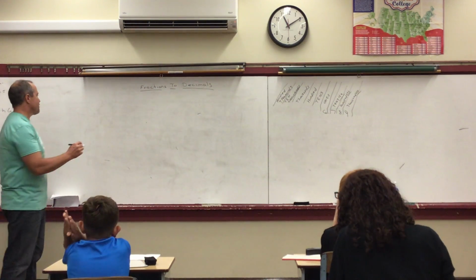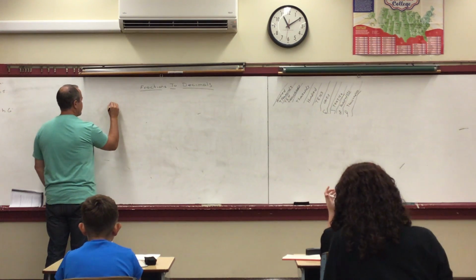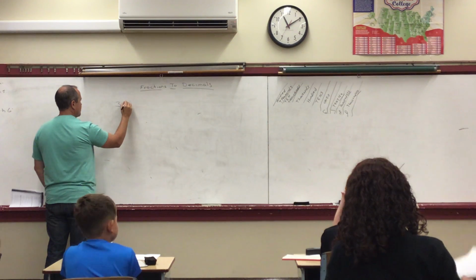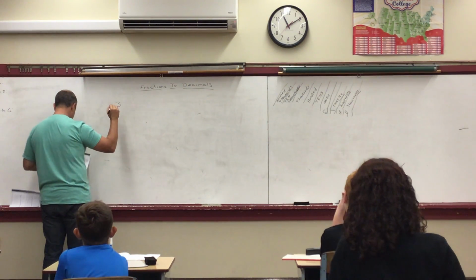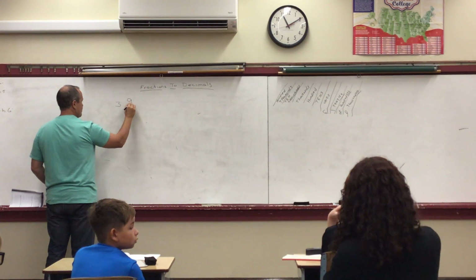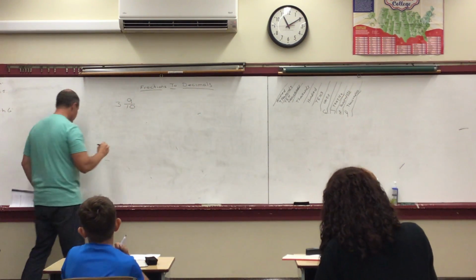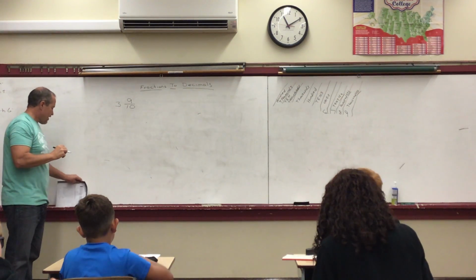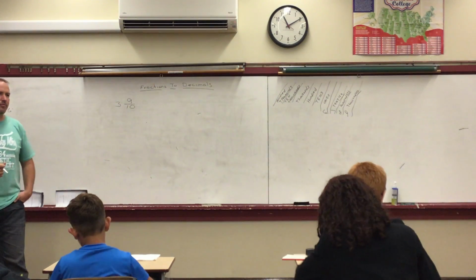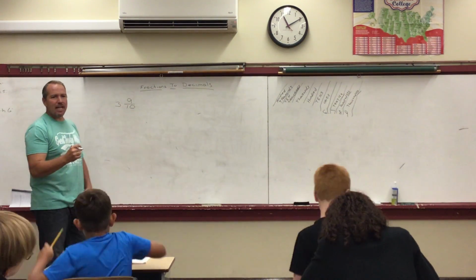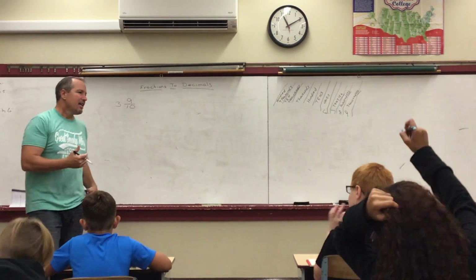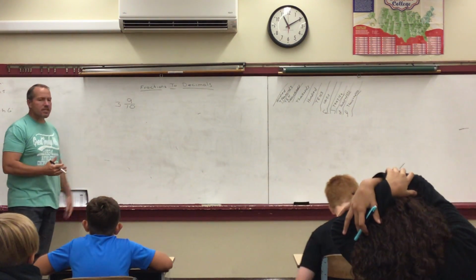In a fraction, and you can write this down. A fraction is made up of 3 parts. Not every fraction has 3 parts. Some fractions only have 2 parts. Okay? If it has 3 parts, we call it a mixed number.